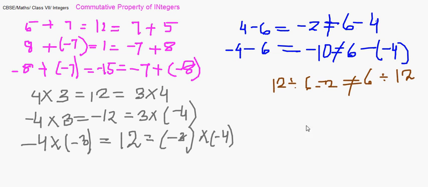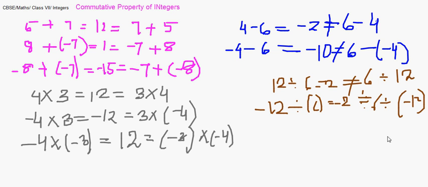Now if I take a negative number with a positive number, minus 12 divided by 6 will give me minus 2. But if I am dividing 6 by minus 12, that will give me 1 by minus 2. That's also not equal. I might take two negative numbers, like minus 12 divided by minus 6 will be only 2, but the same answer will not derive if I am dividing minus 6 by minus 12.